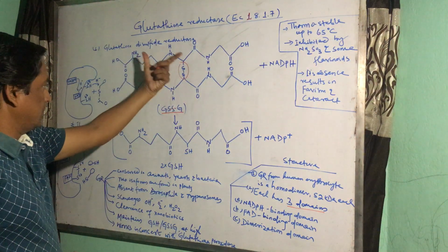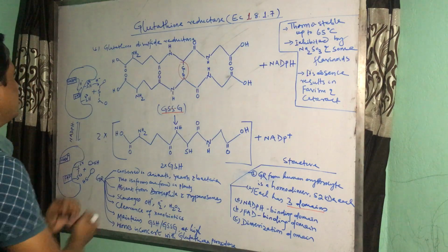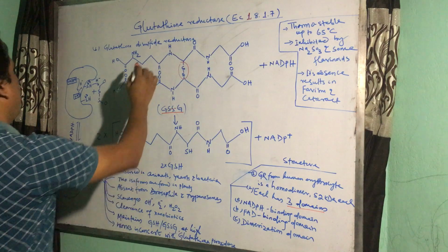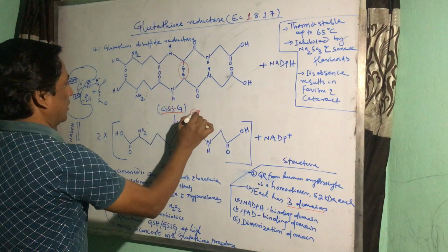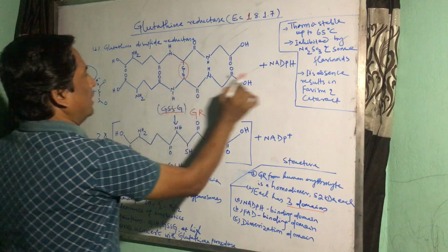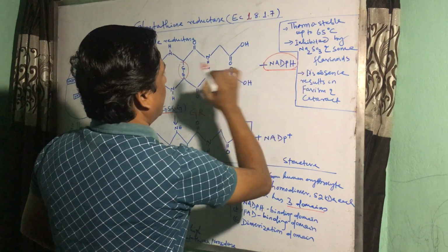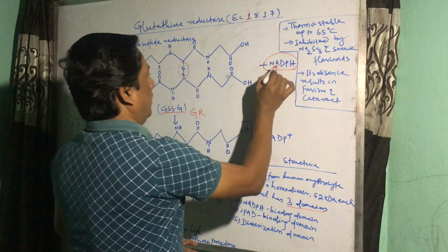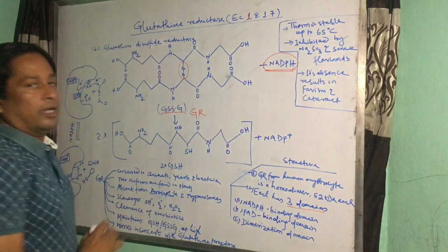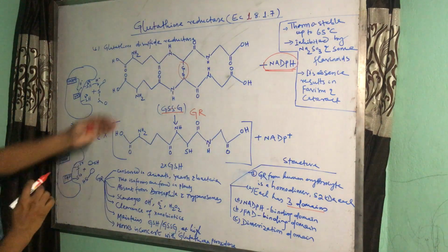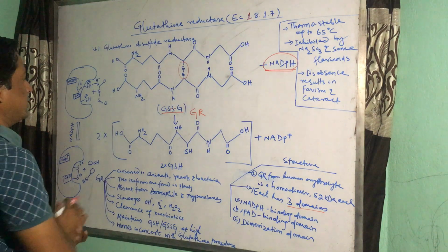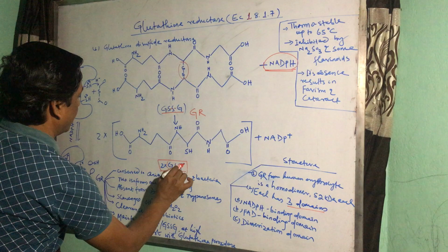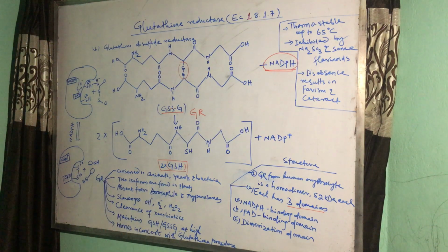So it has two reduced glutathiones joined by a disulfide bridge, and when it is acted upon by this enzyme, glutathione reductase, in the presence of NADPH, which is an electron donor, this produces two molecules of reduced glutathione, designated as GSH.